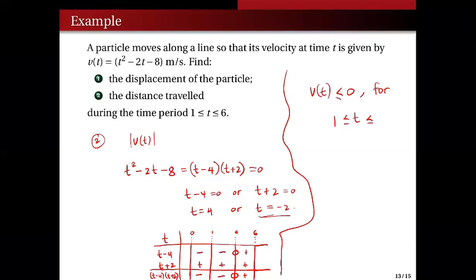So less than or equal, equality occurs at t equals 4. And your v of t is greater than 0 for t greater than 4 but less than or equal to 6. Correct?